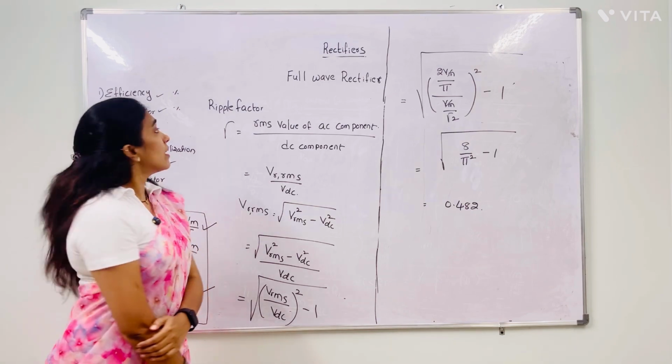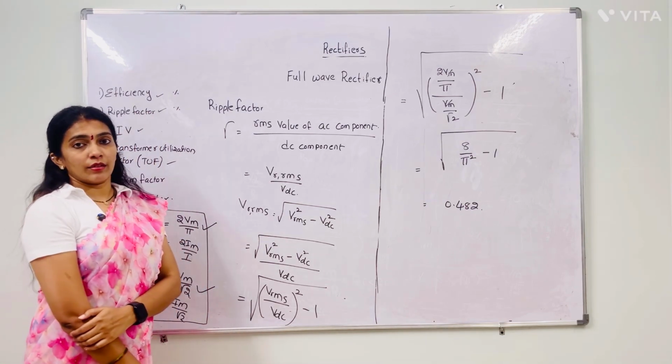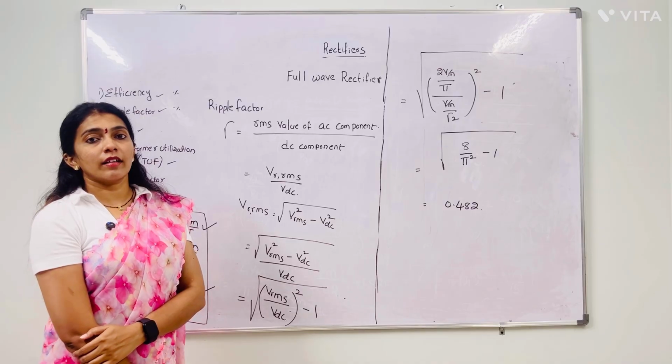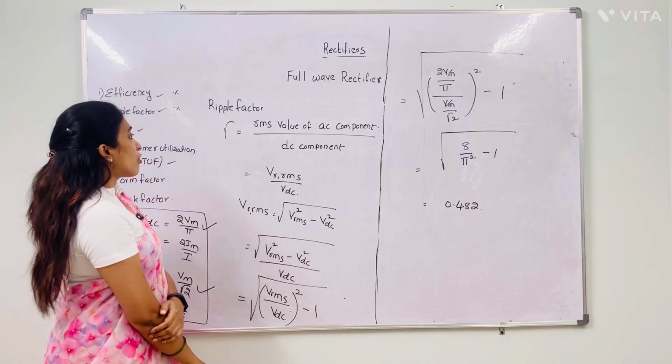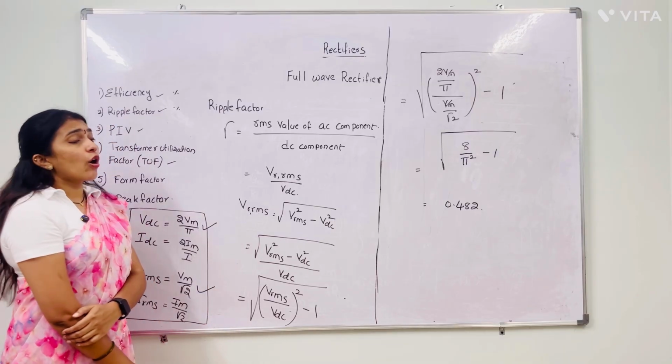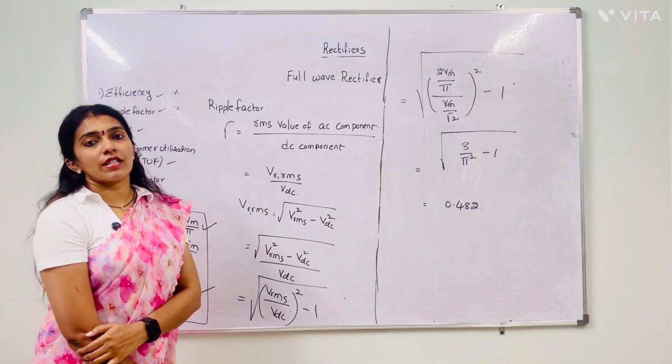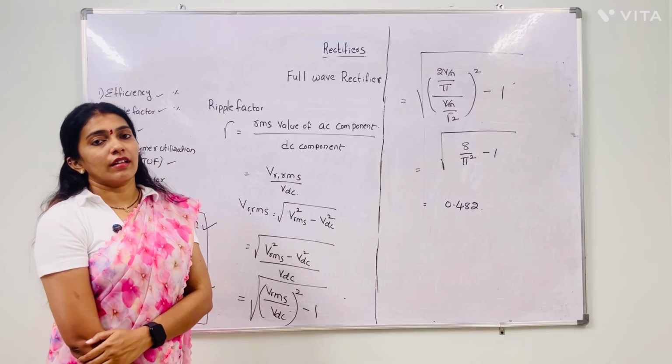Next term is ripple factor. You know the meaning of ripple factor. Ripple means unwanted AC components at the output side. So we need to find how much percentage of unwanted signal is at the output side, right?